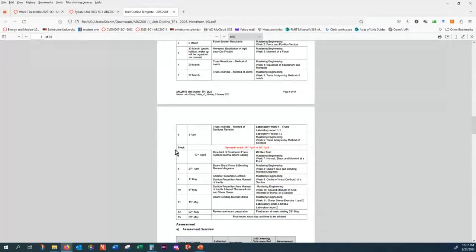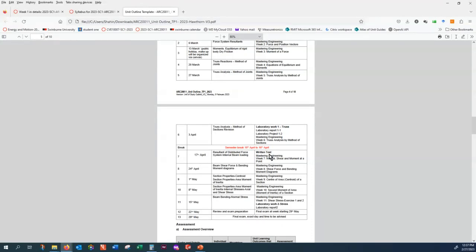Most importantly, there is a break between week 6 and week 7, between 3rd and 17th of April. And 13th of March is a public holiday. We make up for the class. Your first laboratory work is in week 6.